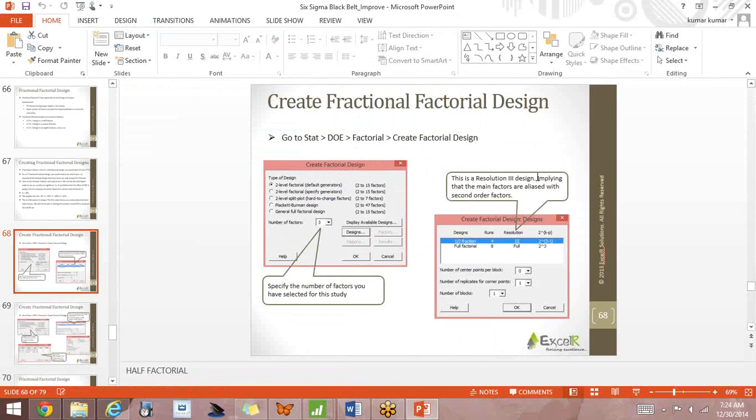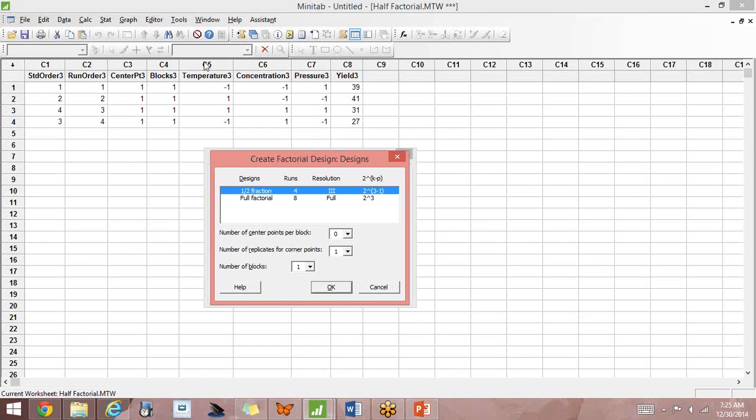This is a resolution 3 design, implying that the main factors are aliased with second order factors. What are the main factors? Temperature is one main factor, concentration is another main factor, pressure is the third main factor.